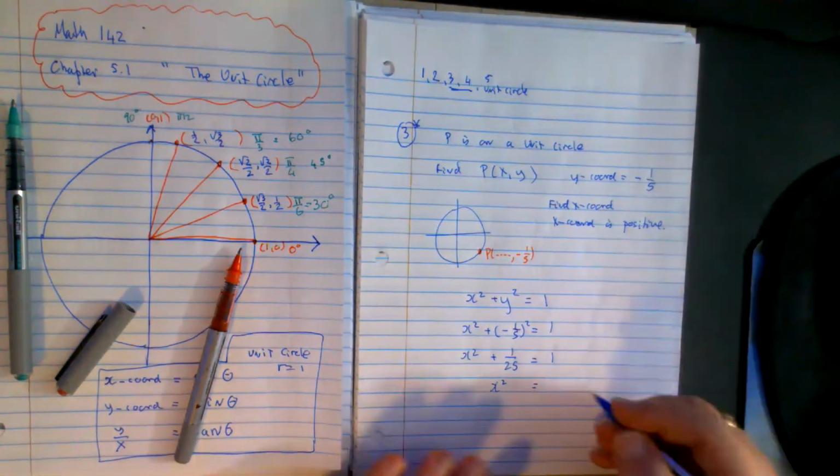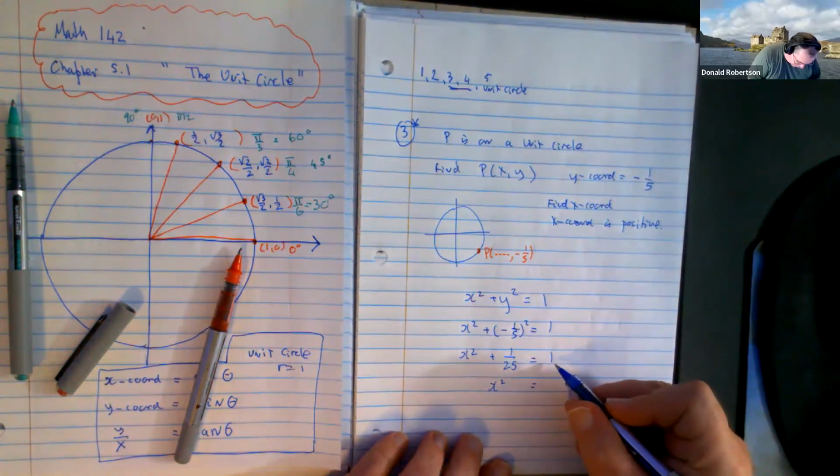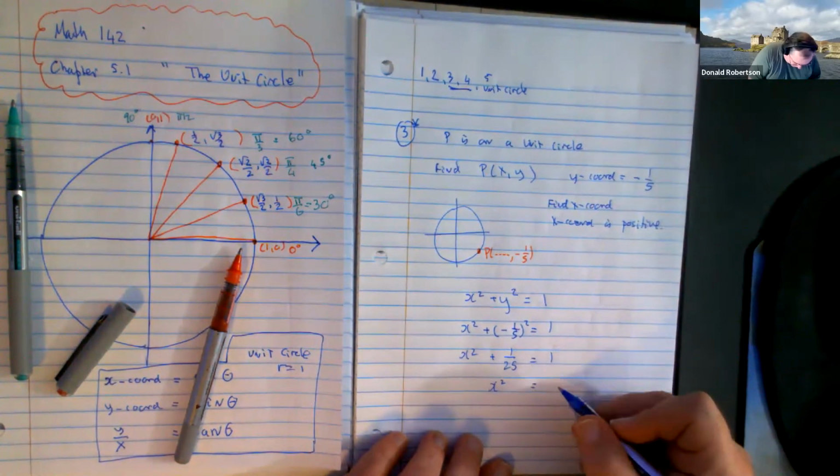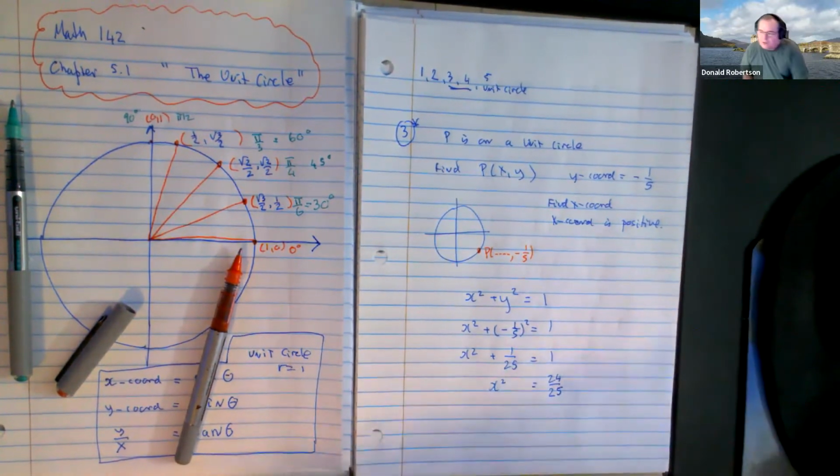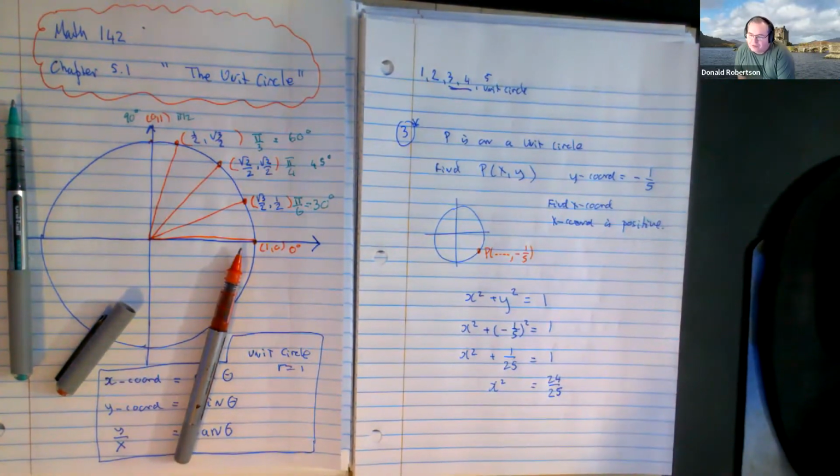Subtract a 25th. Now, if you take 1/25 away from 1, which is 25 25ths, are we okay with doing that all at one go and just saying it's 24 25ths? Are you comfortable where that came from? 1 subtract 1/25 leaves you with 24 25ths.